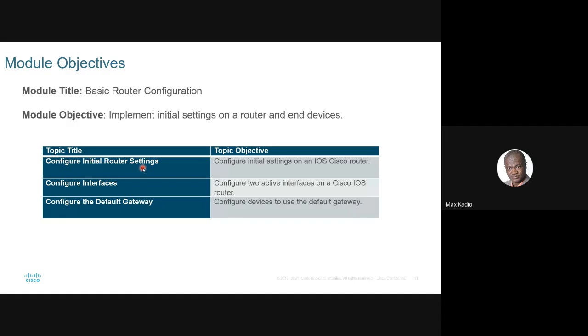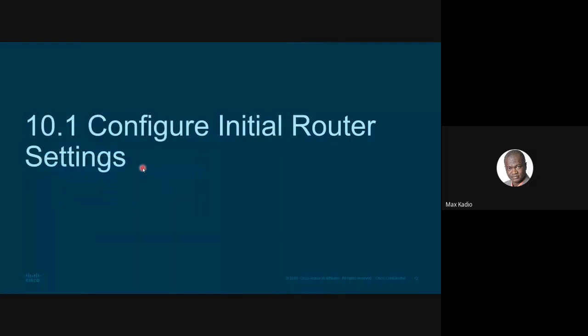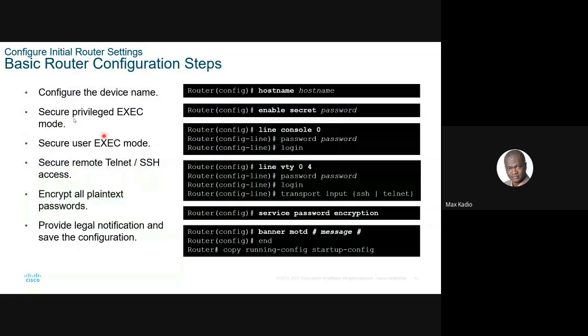Configuring initial router settings. It's the same thing like we did for the switch. How to configure the host name, the device name: global config mode, hostname, and you add a name. To secure the privilege mode, in the global config mode, enable secret, we did that. To secure the user mode or the console mode, line console 0, password, and you enter your password and login.